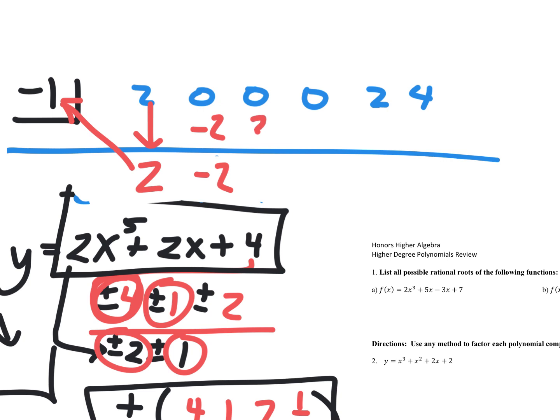Multiply, add, multiply, add, multiply, add. Holy crap, it worked. Anybody else get a 0 remainder?